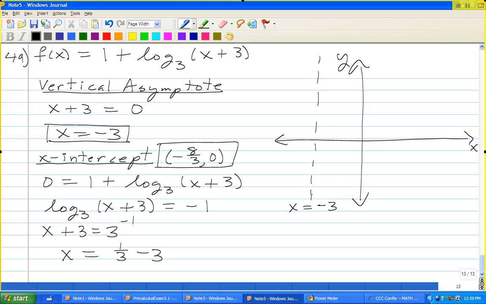And so it should look something like this. So y equals 1 plus log base 3 of x plus 3. The x-intercept is at (-8/3, 0). Okay, and so that finishes off section 13.2.